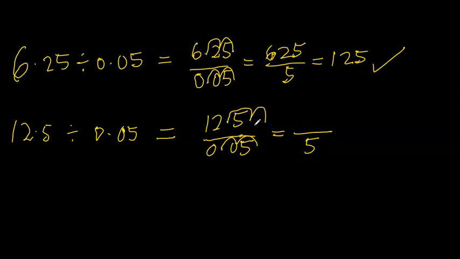You realize there's this 12 here. We have to fill it up to account for the decimal places that we moved. So in the numerator, we have 1250. So now we can divide. 5 into 12 is 2, and that's 10.